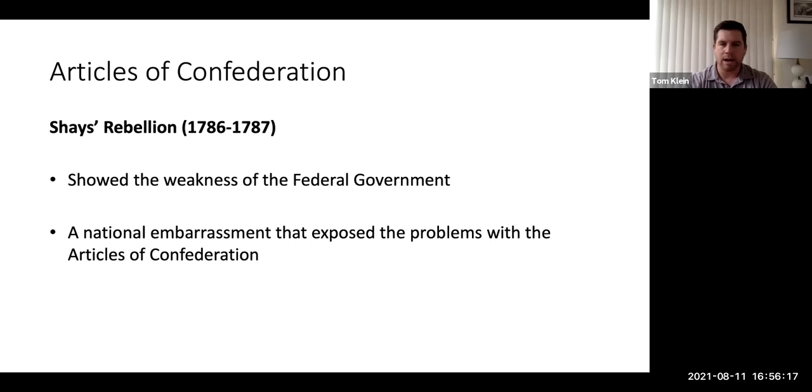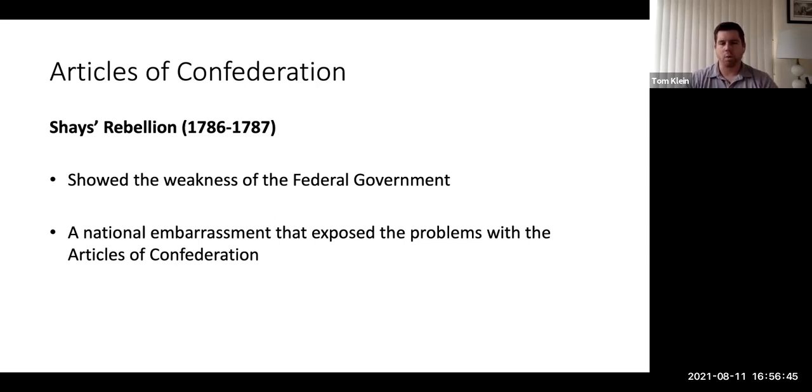So we're going to talk now about Shays' Rebellion, which started in 1786, which I think is a perfect example of the problems with the Articles of Confederation. Daniel Shays was a farmer who, like many other farmers during the beginning of the Revolutionary War, put down his farming tools and picked up a musket and went to fight for his newly forming country, the United States.